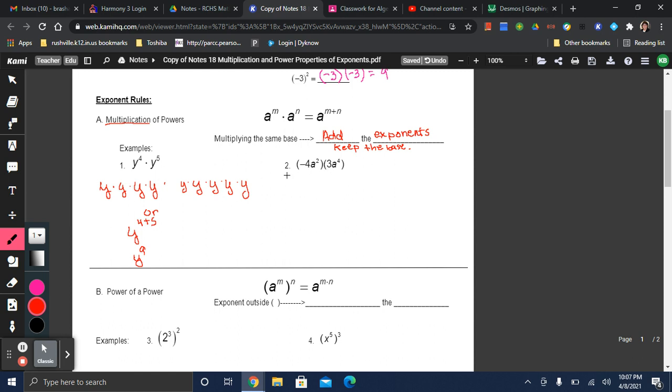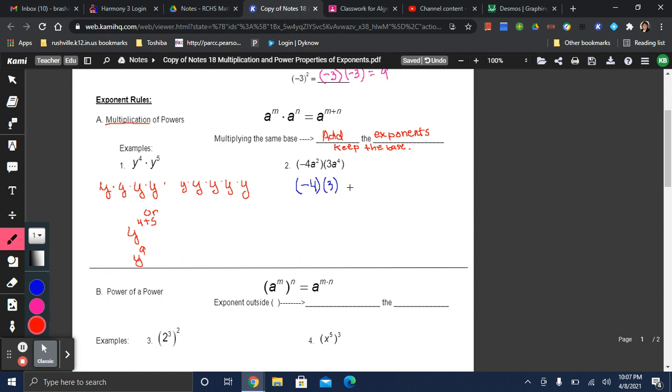Your second problem still is going to involve multiplication of powers, but this problem has coefficients. The -4 and the 3 are not exponents. They are the coefficients, the numbers in front of your variables, so they can be multiplied together.